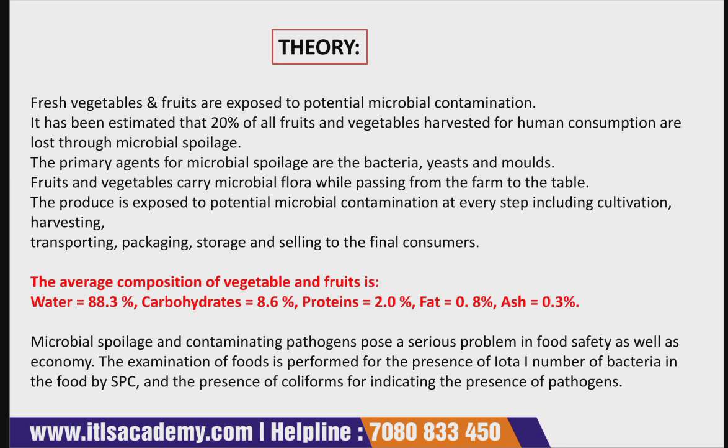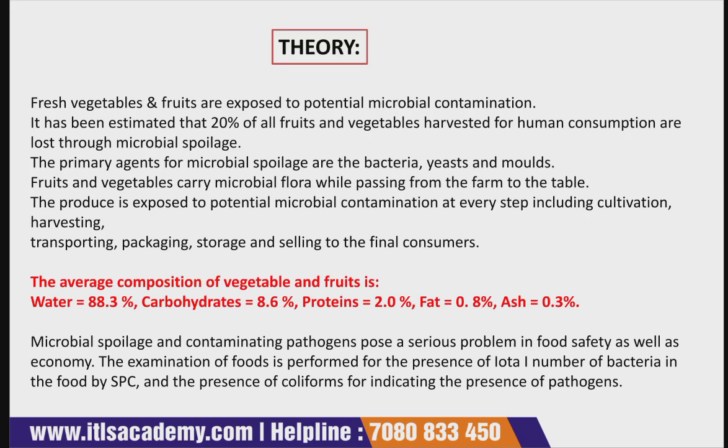The fruits and vegetables carry microbial flora which passes from farm to the table. Of course, the vegetables harvested in the farm carry different types of microbial flora, and these pass from the farms, from the land where they are harvested, to the table.